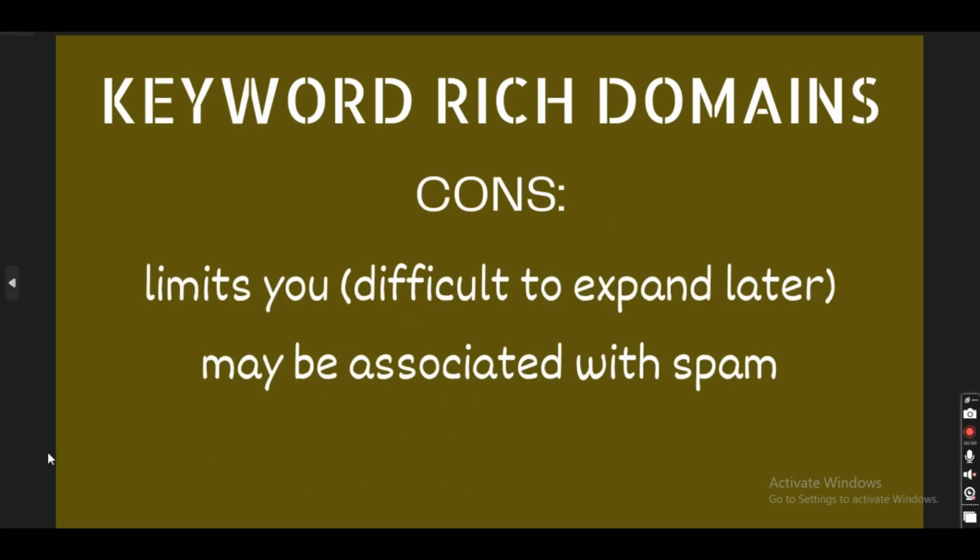Another disadvantage is that some of these keyword rich domains are usually associated with spam, something like best this, best that, best longboards, cheap this. Sometimes they may be associated with spam. That is why it's always good, before you register any domain, to go to archive.com and check the history of that domain.